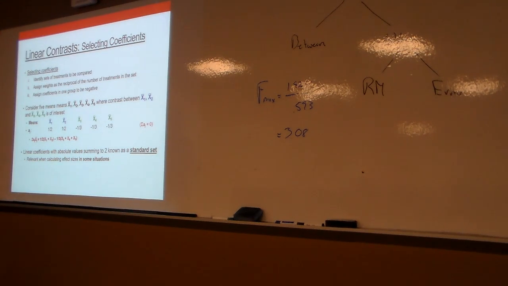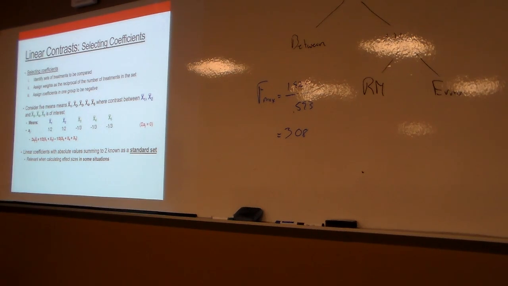If we set a standard set, it means that the value of our contrast is in the scale of whatever our measure is. So I could set my values here to 3 and 3 and -2, -2, -2. If I take 3 and 3 is 6, and I subtract 2 and 2 and 2, that's 6. I've still got a linear contrast.